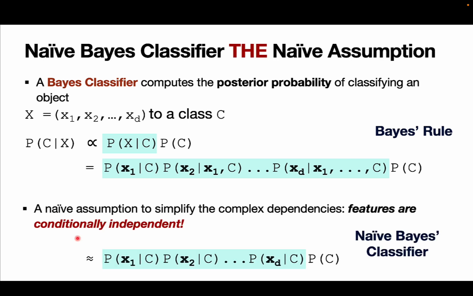Again, the naive assumption in the Naïve Bayes classifier is that features are conditionally independent given the class. So we don't need to compute complex joint probability distributions, and we can simply multiply the terms. For example, in a document classification task, if the class is sport, words like touchdown and field goal are more likely to appear.